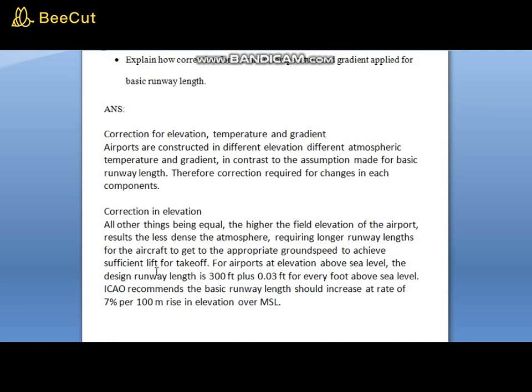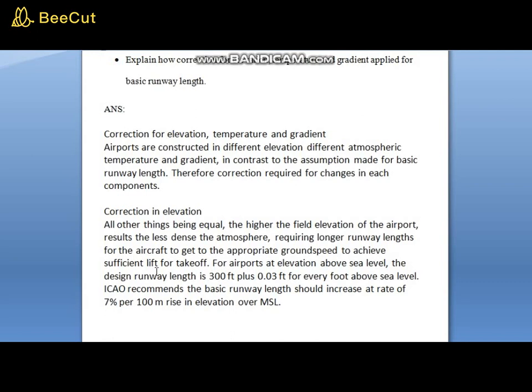So, correction for elevation: all other things being equal, the higher the field elevation of the airport, the less dense the atmosphere, requiring longer runway lengths for the aircraft to reach the appropriate ground speed to achieve sufficient lift for takeoff.